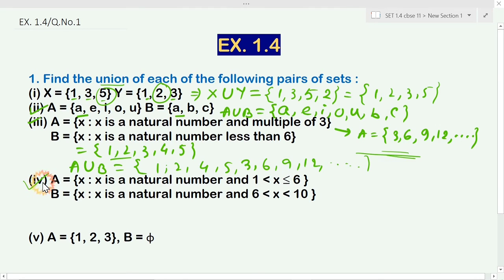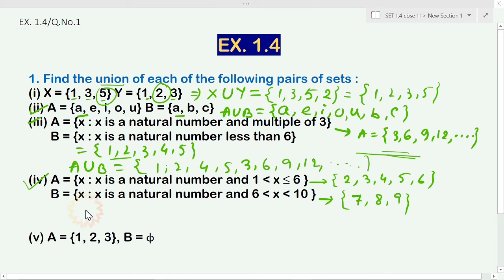Now question number 4. For question number 4, the set A is 1 less than X less than or equal to 6 and X is a natural number. So the elements of A will be 2, 3, 4, 5 and 6. And for B, X is a natural number and X is between 6 and 10. So 6 and 10 are not included. So 7, 8 and 9.